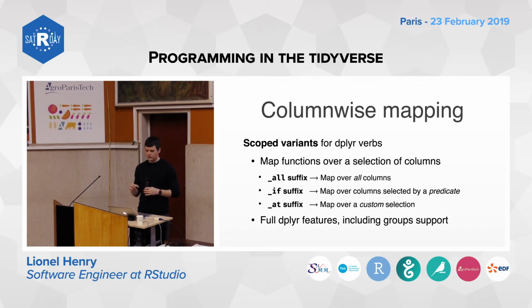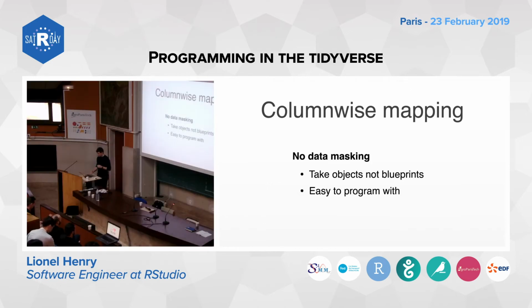And all of these verbs have full dplyr features, though, so they always work within the context of a data frame, and they support groups if you pass a grouped table to them. They don't have any data masking, so they take objects and not blueprints, and so they are easier to program with.